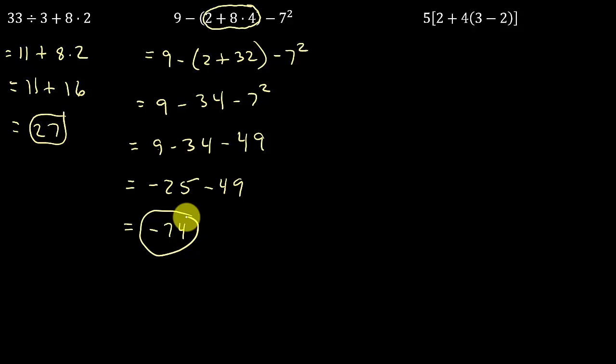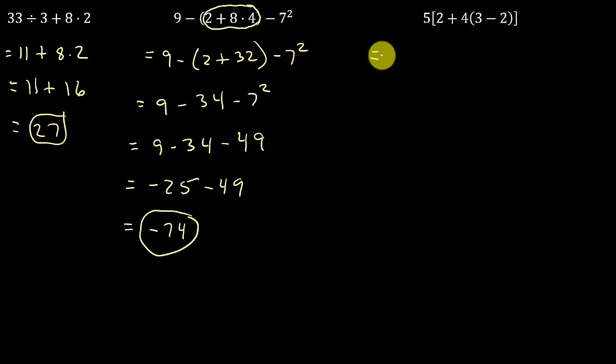All right, so let's look at the next problem. So I've got 5 and then brackets 2 plus 4, and then in parentheses 3 minus 2, close brackets. Now look, when you see the brackets here, that would be the same thing if those were parentheses also. Okay, they just put brackets so you can distinguish these grouping symbols from these grouping symbols.